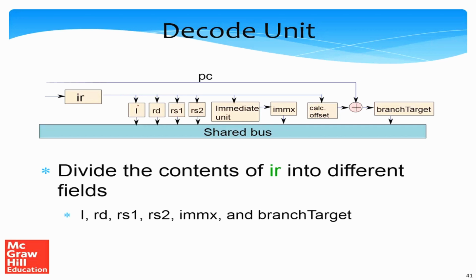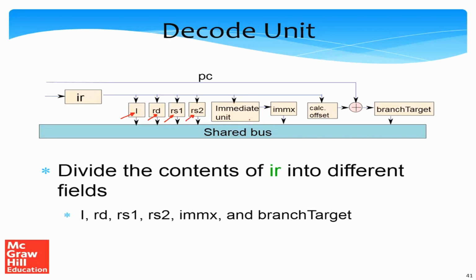So for some instructions, some of the fields might not make sense, they might contain junk, but nevertheless we extract all the fields. For example, we extract the I bit, the immediate bit. We extract the RD field, which in normal cases stores the ID of the destination register. We extract the first source register, the second source register.